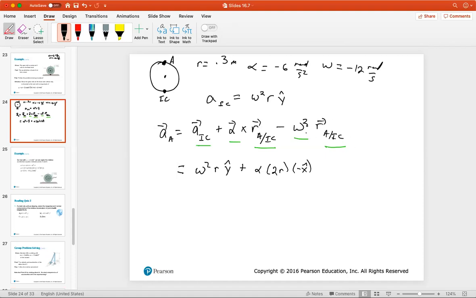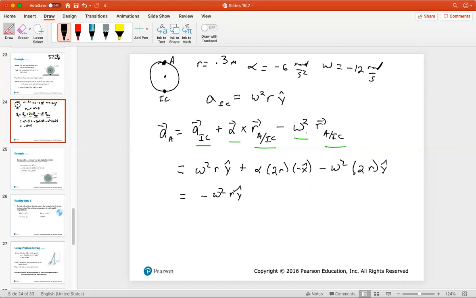And then minus omega squared times twice the radius times y hat. So I can pull this all together and get minus omega squared r, using lowercase r, y hat.